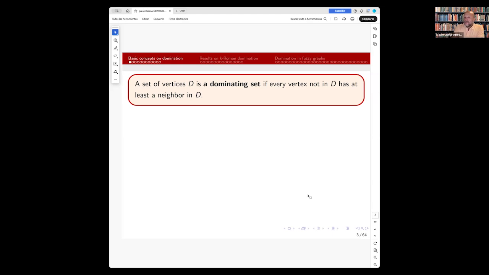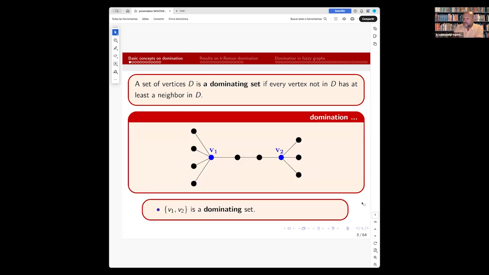A dominating set is a set of vertices with the property that every vertex not in the set has at least one neighbor in this set. Of course, you know the minimum cardinality of a dominating set is the domination number of the graph. In this case, we may dominate every vertex in the graph with only two vertices.